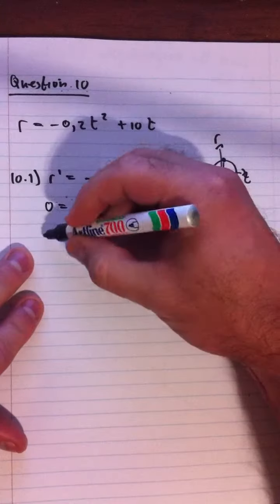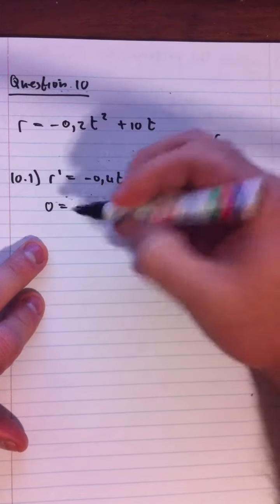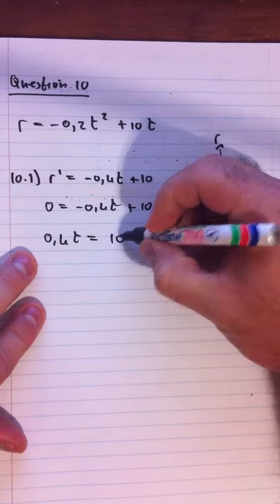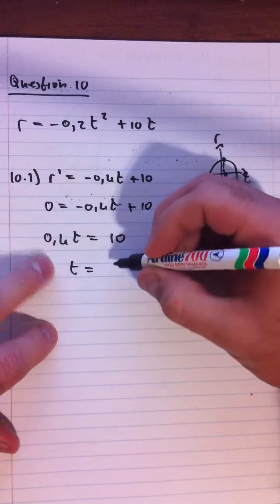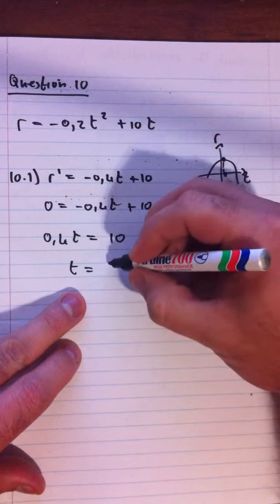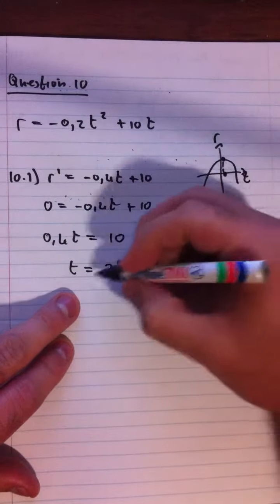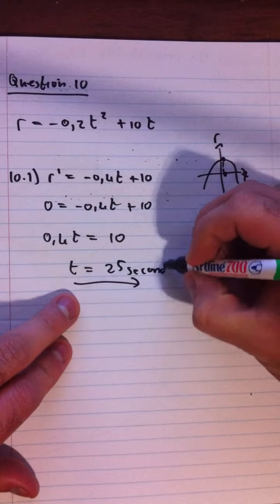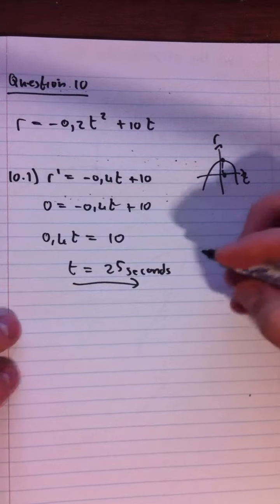Move the numbers to one side, so we take this whole t value to the other side. We get 0.4t equals 10. Divide both sides by 0.4 and we get t equals 10 divided by 0.4. 0.4 is the same as 2 over 5, so it becomes multiplied by 5 over 2, which is 50 over 2, which is 25. So 25 seconds. Don't forget to write in the units. So after 25 seconds, we have our maximum rate of flow.